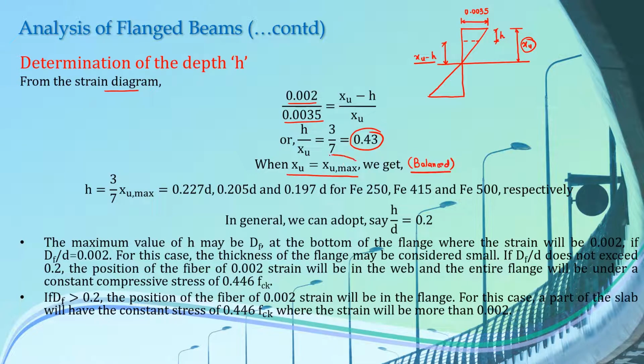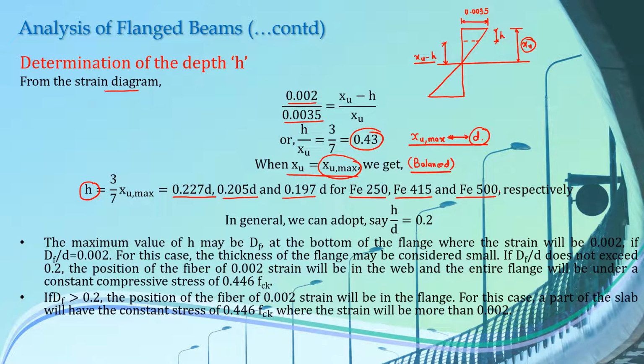And we know that we have various relationships for xu max that relate this value with the effective depth for different grades of steel. If you use those values for different grades of steel, you will get the value of h as 0.227D for Fe250 grade steel, 0.205D for Fe415 grade steel, and 0.197D for Fe500 grade steel.